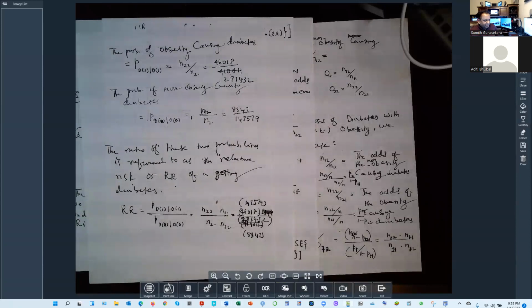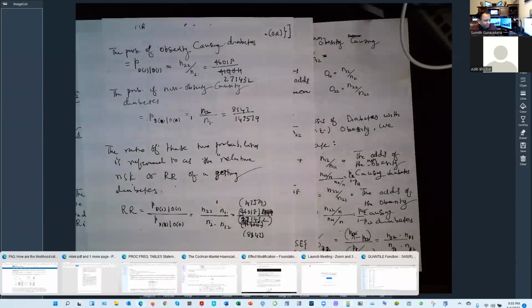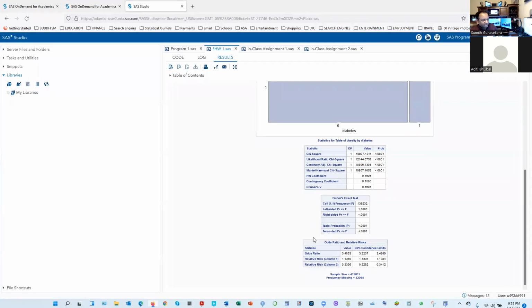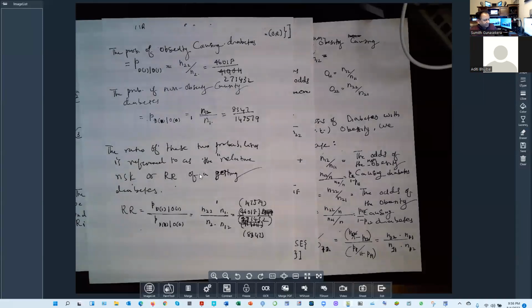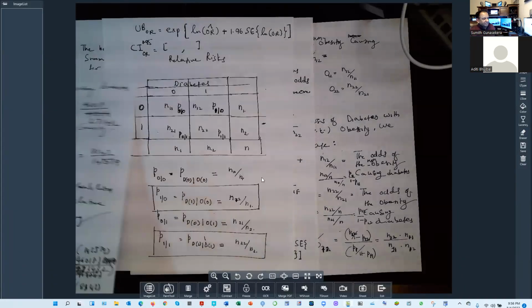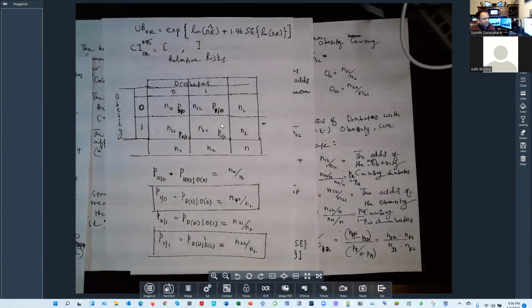Okay, relative risk. Now go to the printout. Then observe here. Now you have two types of relative risk. What that means, you do column 1 and column 2. Now I'm talking about column 1 here. I'm comparing column 1. Somebody who is obese has a disease, diabetes.